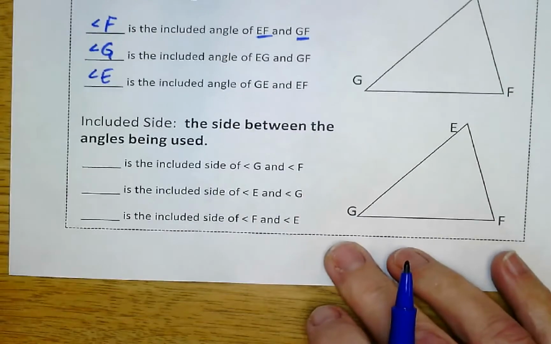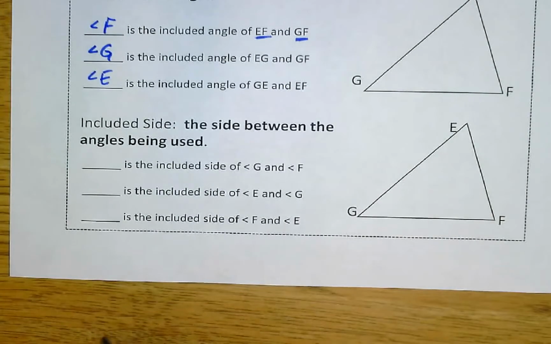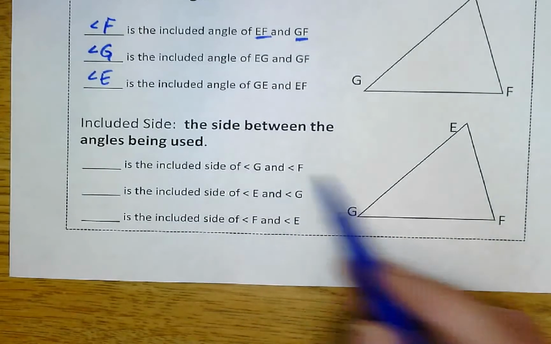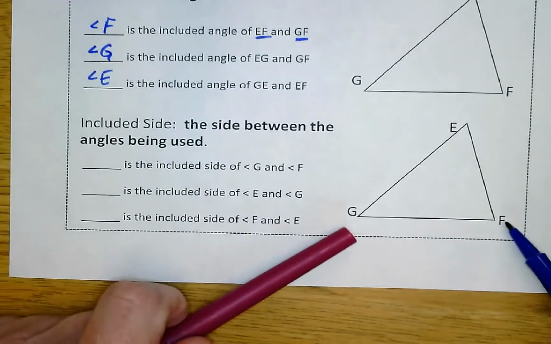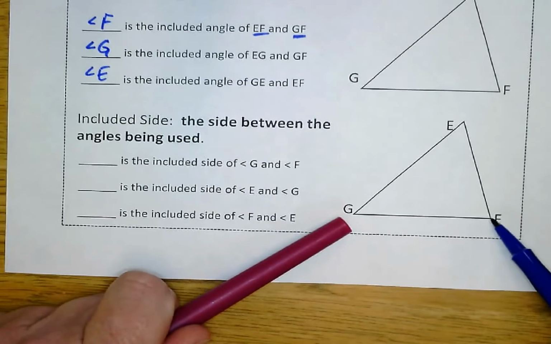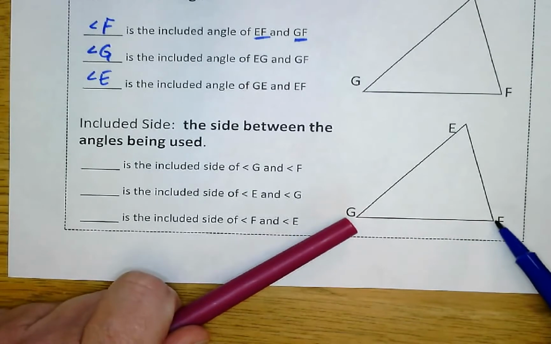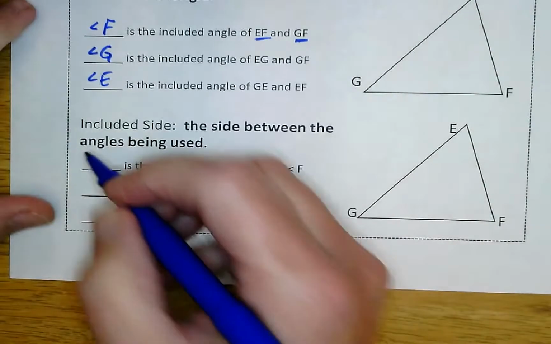The same thing also works for sides, but the included side is going to be the side between the angles that they mention. So if I look at angle G and angle F, the side between those two is just where that marks them together. So that would be side GF.